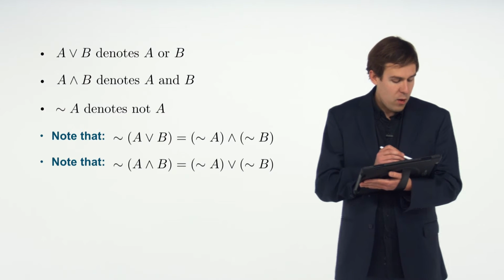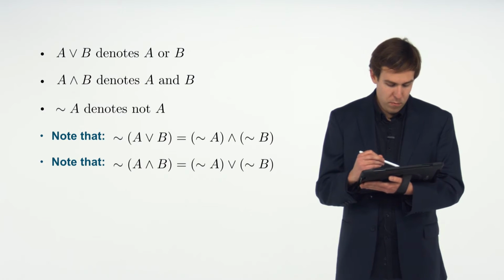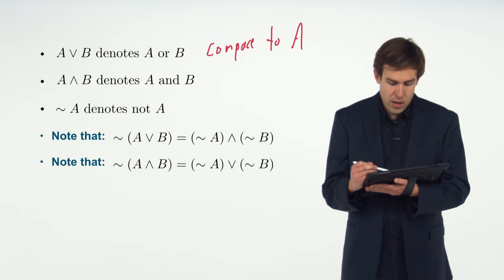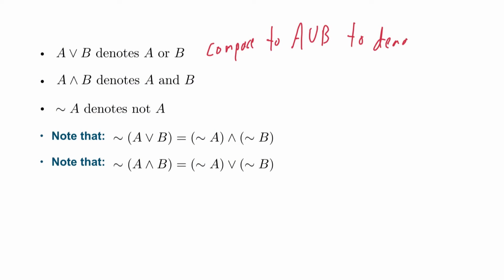We say A with this downward-facing wedge to denote A or B. So this should be compared to A union B to denote the union of events in probability theory.